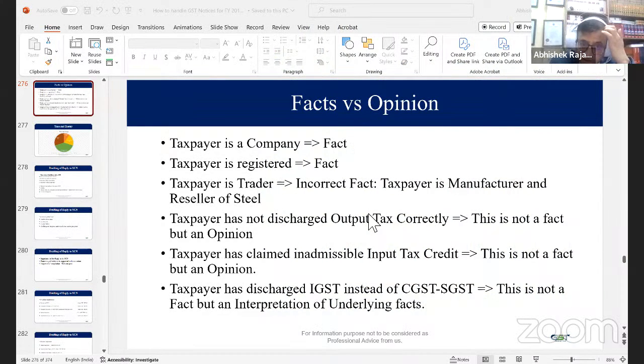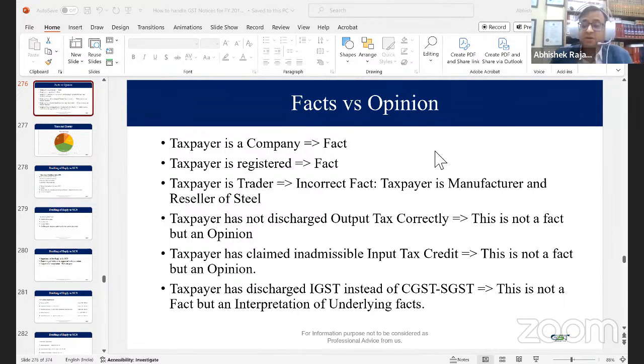Let's say it has been written that the taxpayer is a company. This is a fact. Taxpayer is registered. Again, it is a fact. Now they say the taxpayer is a trader. That could be wrong; the taxpayer might be a manufacturer or reseller. I had received a notice in one of the cases which we have seen.